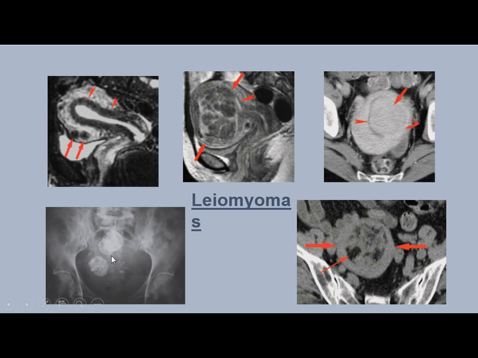Non-radiologists can regard it as a stone or something else, but it is typically popcorn calcification. If there is fat within the leiomyoma, it's called lipoleiomyoma, which on CT or MRI shows visible fat within the mass.